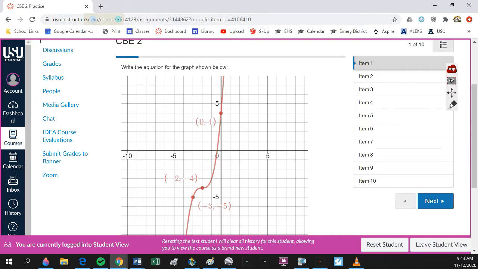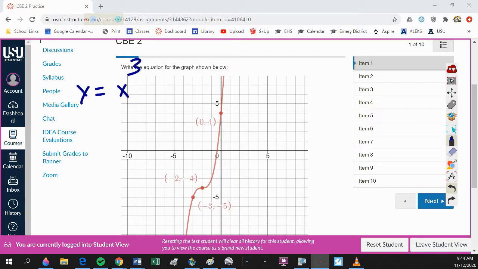So which graph is this? X to the third. Do I need to put a number in front of it? No, because it's over 1, up 1, over 1, down 1. So these are called parent functions. The parent function is x to the third.